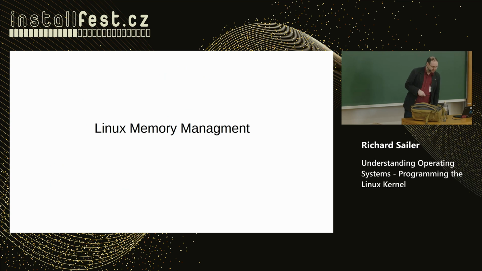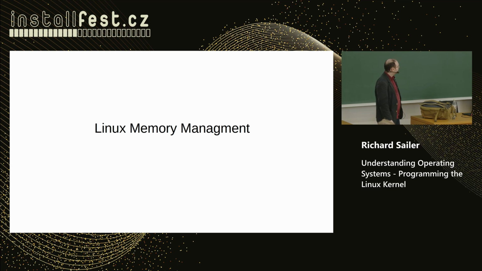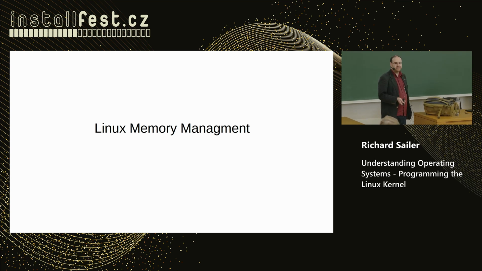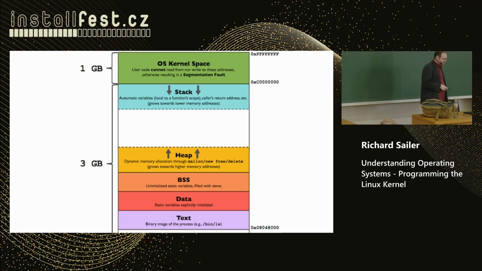So, memory management. As I said before, only pretty short. I already told you about virtual memory. If we go here, we have a layout. And that is very old actually, because it's assuming 32-bit, 4 gigabytes. And every process has its stack, its heap, and those BSS and data and text sections are specific to the ELF binary format.